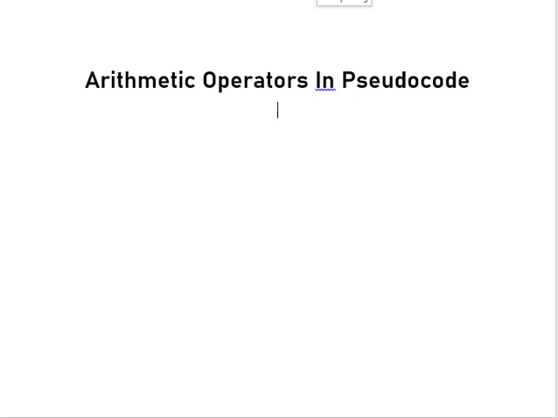Today I am going to teach you about arithmetic operators in pseudocode. So what are arithmetic operators? Arithmetic operators are those operators or functions that are used to perform mathematical functions inside a computer, like arithmetic.